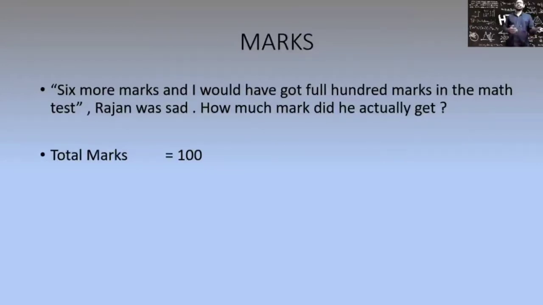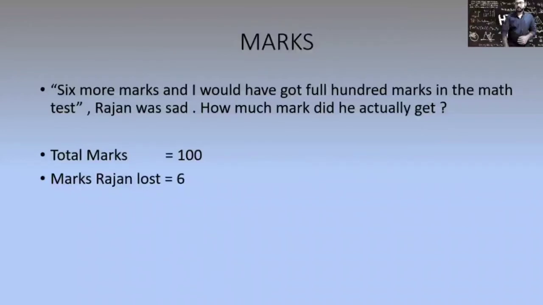I would have got full 100 marks. That's given in the question. So how many marks does he not have? 6, right? Marks Rajan lost. That's what the question says. 6 more marks, I would have got 100 marks. That's what he said. Which means actually he lost 6 marks.